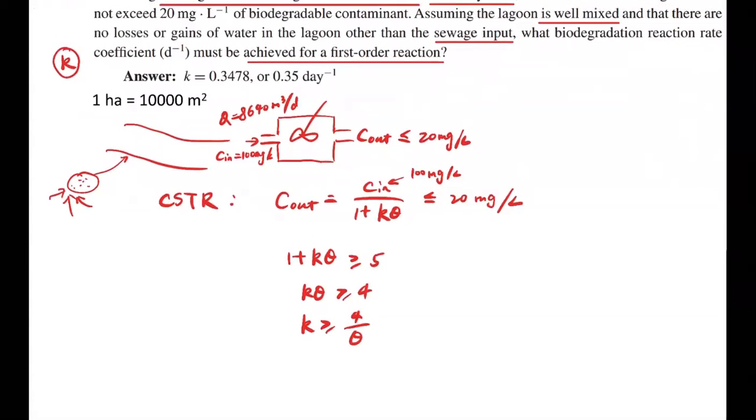So this is asking what biodegradation reaction rate coefficient must be achieved. This basically gives you the minimum reaction rate constant for this small pond.